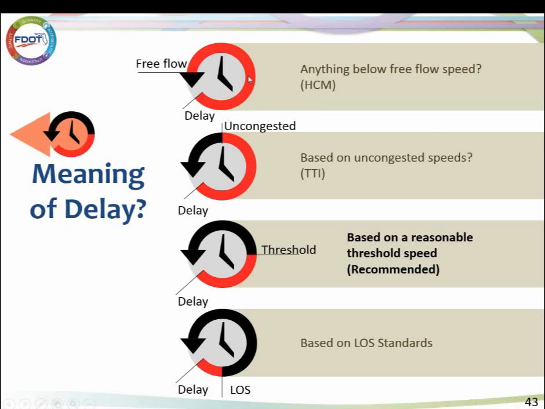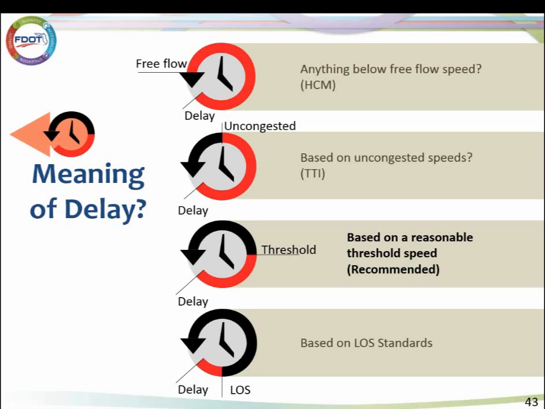Of where we start counting delay. In my opinion, we've been, as a whole, the United States and even the Texas A&M folks, over-reporting delay. People do not expect to be traveling at the speed of an arterial at 3 o'clock in the morning.